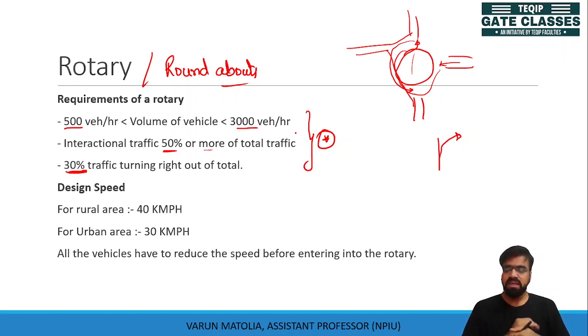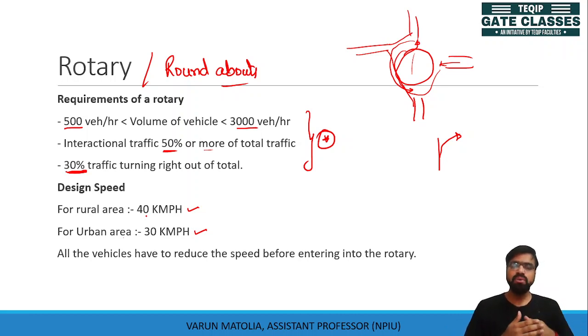Let us see what the design arrangements or elements of this rotary are. For rural areas, the allowable traffic speed is 40 kilometers per hour, but for urban areas, the speed is 30 kilometers per hour. The reason is that control is required in urban areas because there is a lot of traffic moving, so we need less speed, as the higher width of roads available there makes the possibility of accidents more.